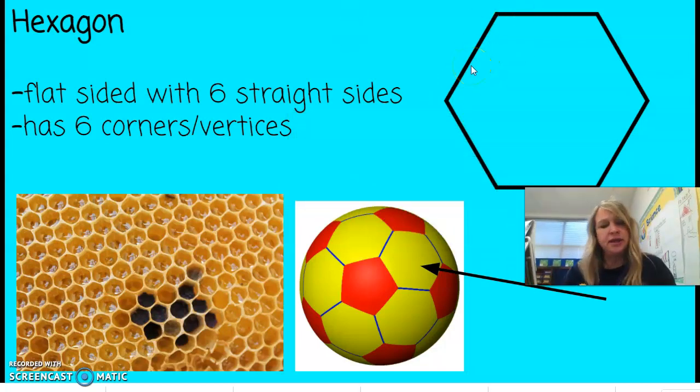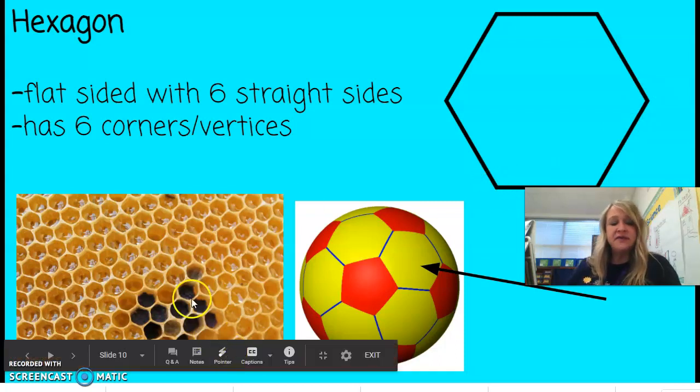Let's see if it really has 6 straight sides. 1, 2, 3, 4, 5, 6. It does have 6 sides. What about 6 vertices? 1, 2, 3, 4, 5, 6 vertices.